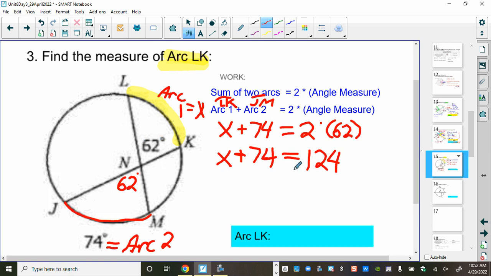So all we're doing in this case to get this other arc is, after you double your angle measure, subtract 74. That's all you do. It's going to be 124 minus 74. So arc LK is going to be 50 degrees.